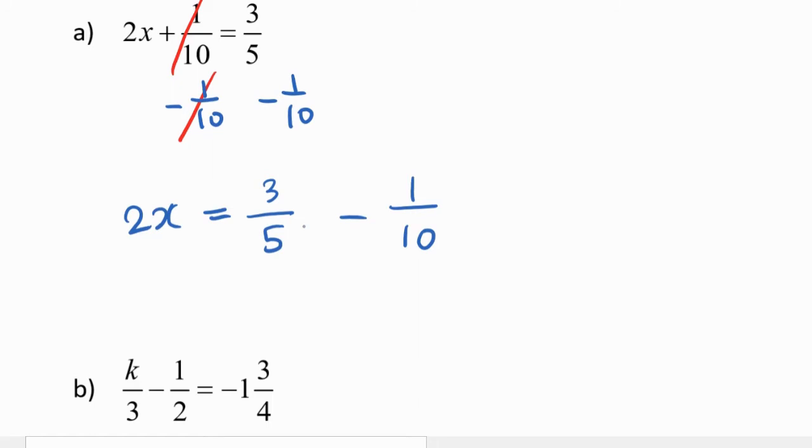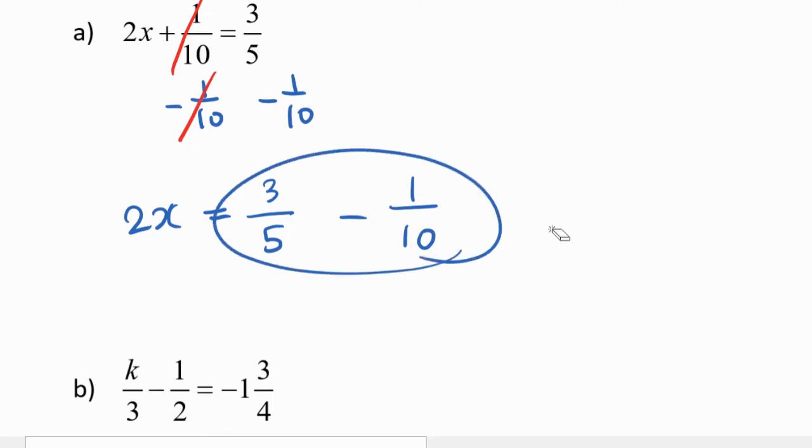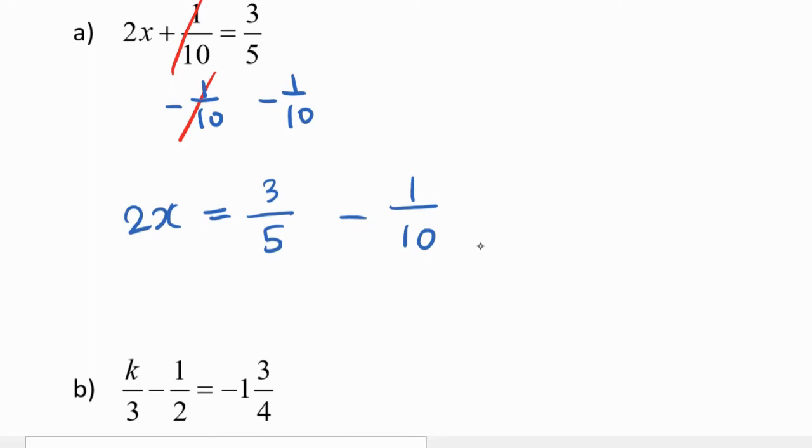When you subtract fractions, you have to make the common denominator. You cannot solve this problem as it is. So I'm going to multiply by 2 here to make 10. Alright? Then this becomes 6 over 10 minus 1 over 10.